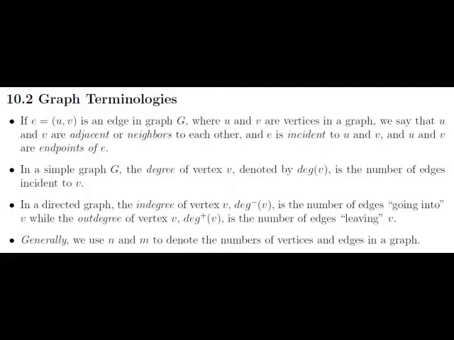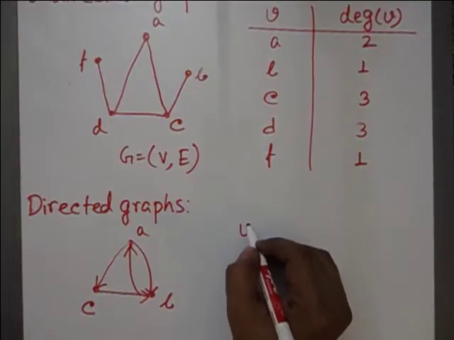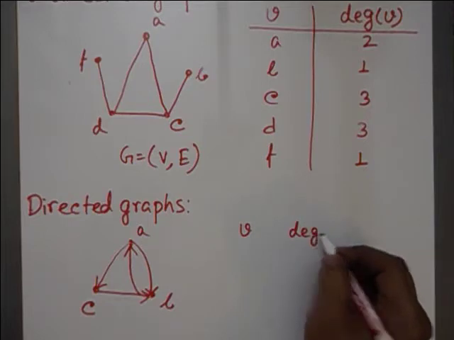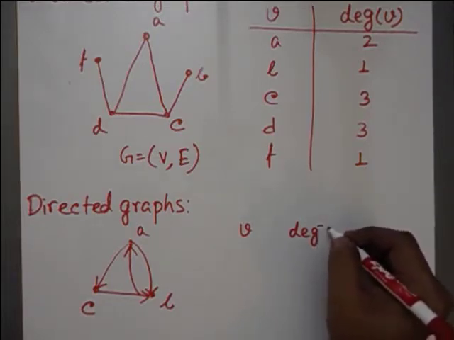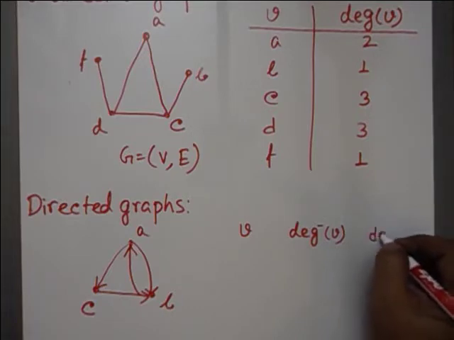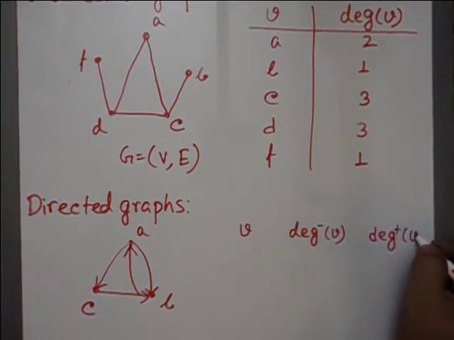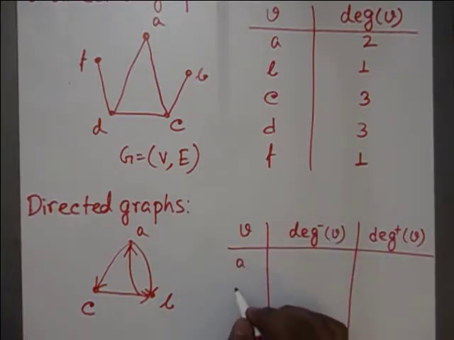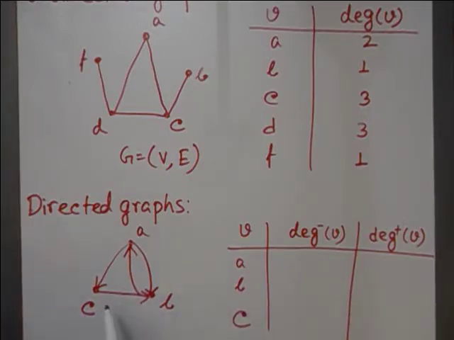Similarly, for directed graphs, the in degree of a vertex is the number of edges going into v, and the out degree of a vertex, denoted by degree plus of v, is the number of edges leaving v. So let's draw this table. We have v, in degree and out degree. So we have A, B and C. For each, let's count their in degree.